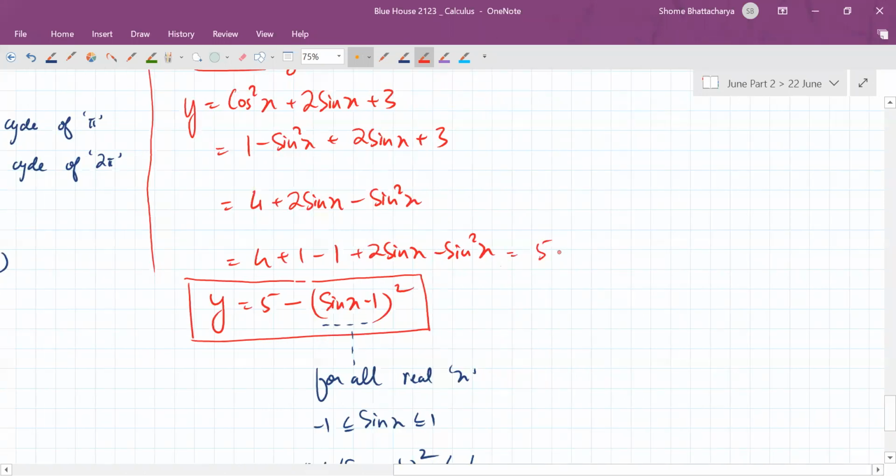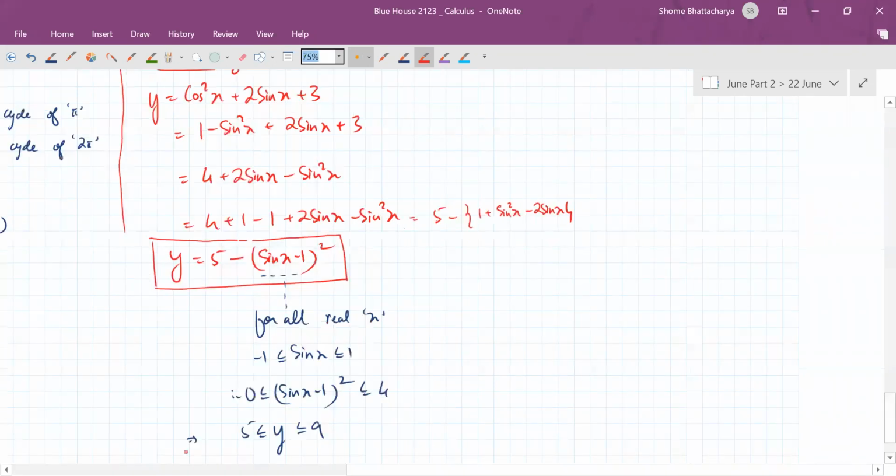So this is 5 minus of 1 plus sine square x minus 2 sine x. That's how it becomes this.